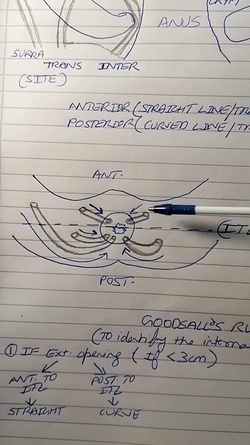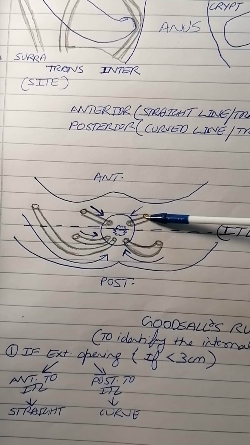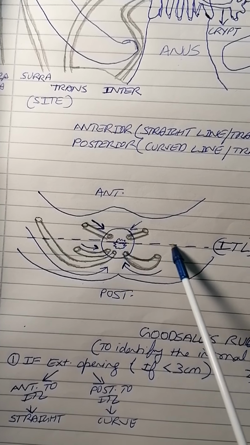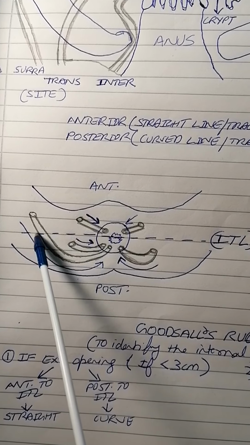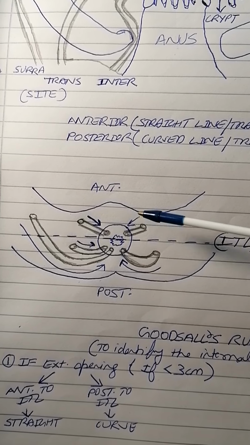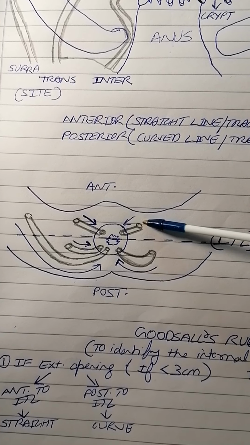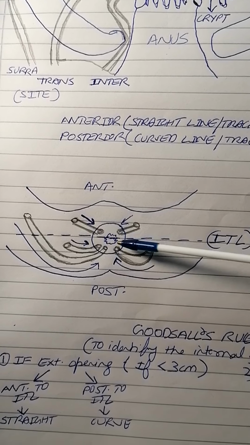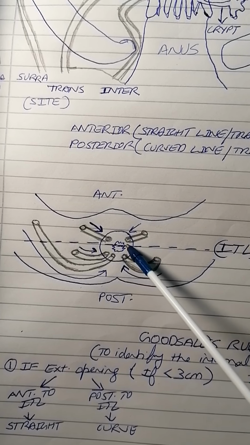If the external opening of the fistula is anterior to this imaginary line which I have drawn, the transverse imaginary line through the anus, ITL, then the internal opening of that fistula would be straight.